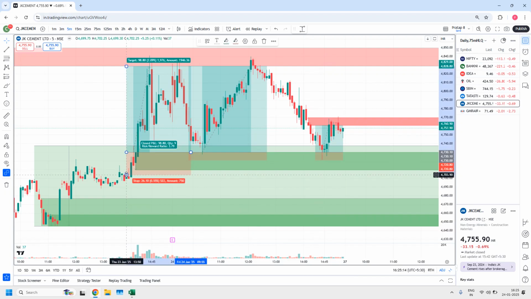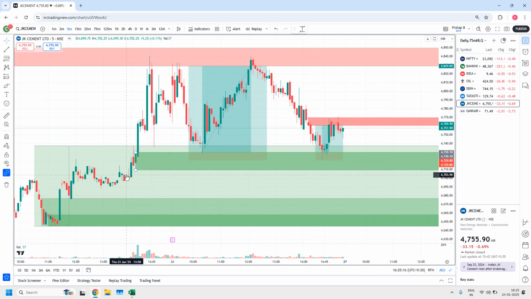Yes, I took this decision from a risk management point of view. This zone has almost 3% risk, including the stop buffer. Even without keeping an entry buffer, only by keeping the stop buffer, it has around 2.6 or 2.7% risk.